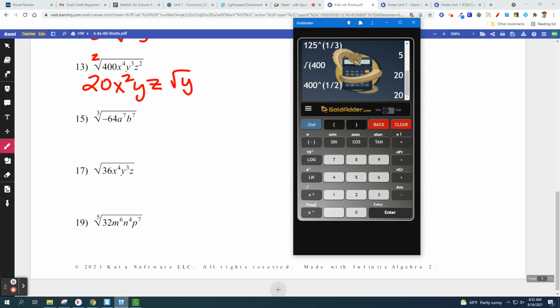It's kind of tough to enter that in on a calculator. Sometimes it'll give you like a weird thing. I don't think technically this is correct because it's not hitting that -64. I think this is going to give me an error. I can't remember.